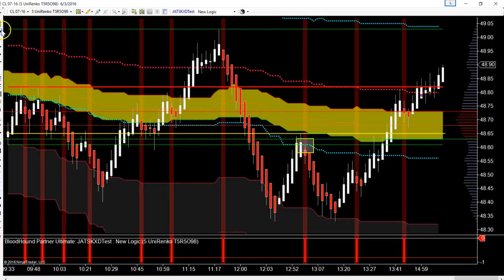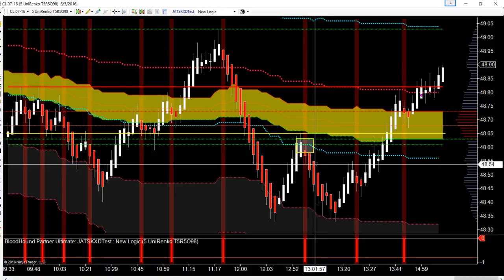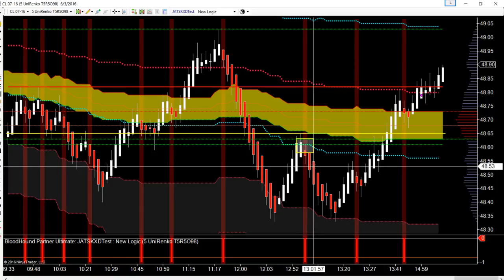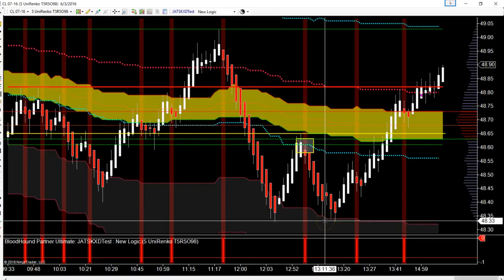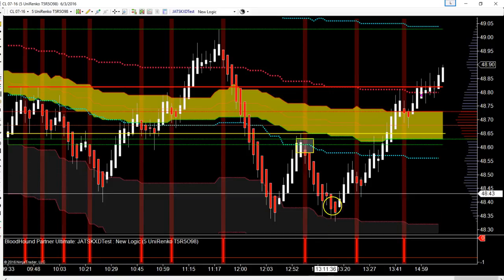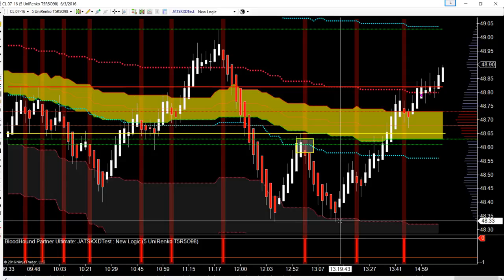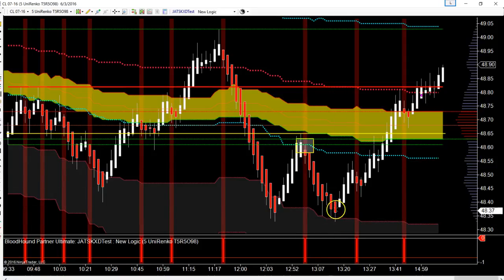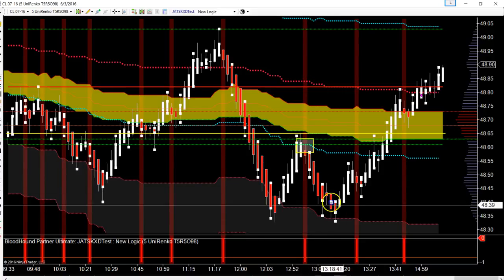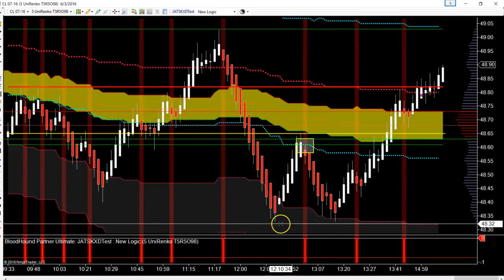And you would have, let's look, an entry at 48.53, and it would have gone to 33. That would be 20 cents. I don't know if you would have gotten out at 33, but it did turn around on the double bottom here.